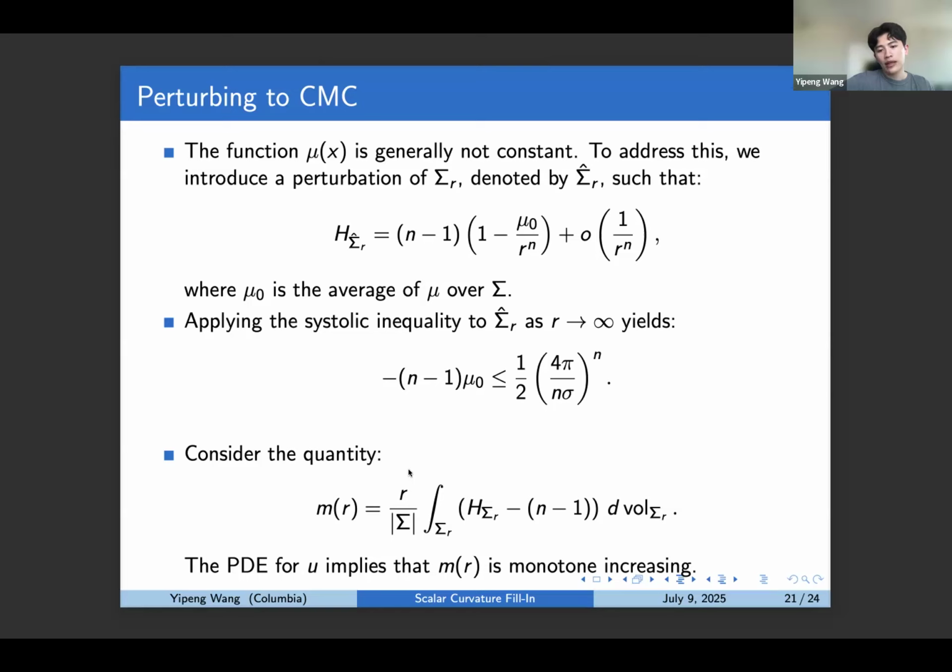As you see, this is exactly the quantity you try to evaluate, and the PDE that you satisfy would then imply that this quantity m is monotone increasing. So you also have a monotonicity in this case.